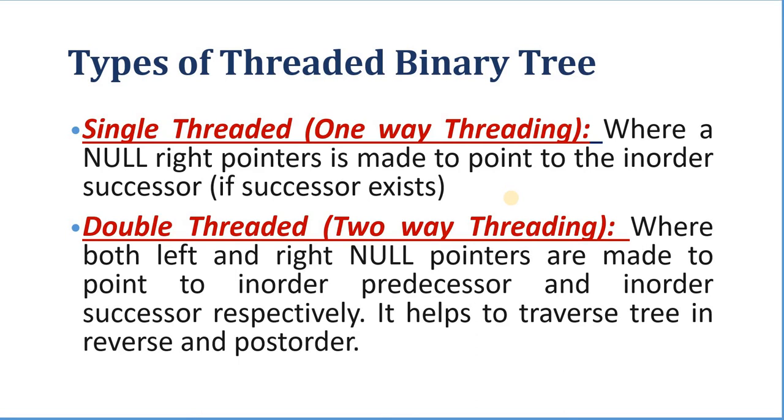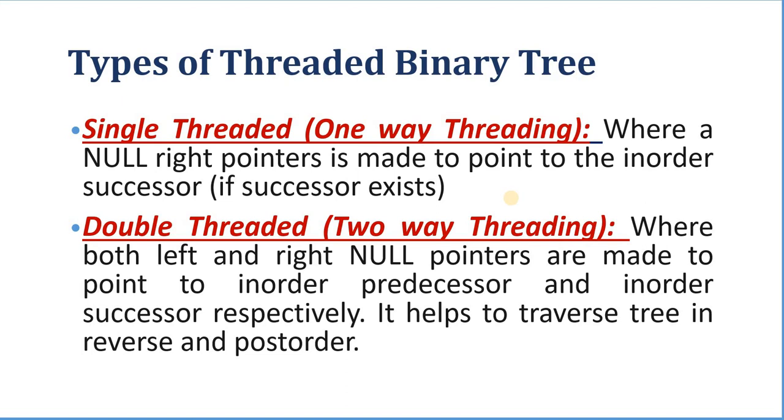Single threaded means one-way threading, where for null entries, the right pointer is made to point to the in-order successor. That is, only the null entries of right pointers are updated to point to the in-order successor.